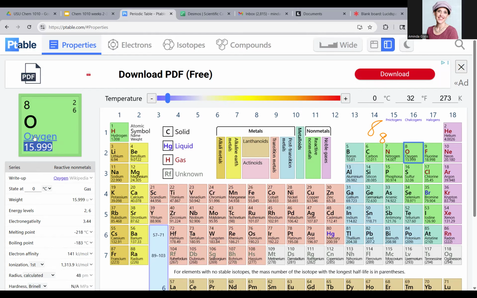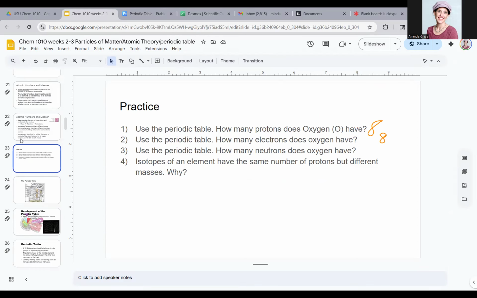And we take 16 minus 8 to determine the number of neutrons. Because remember, the mass equals number of protons plus number of neutrons. So to solve for the number of neutrons, it's going to be the mass minus the number of protons, which is 16 minus 8, which equals 8.